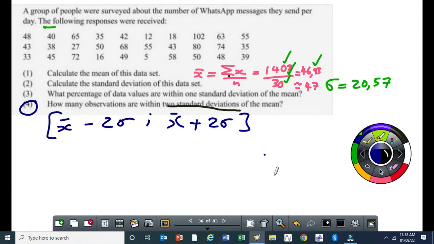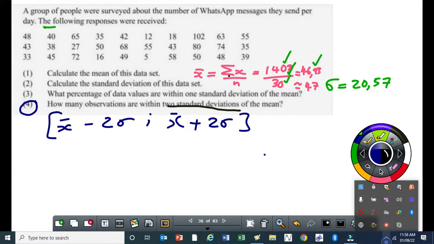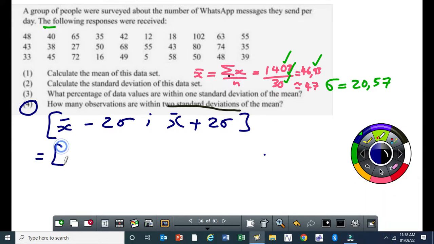All right. So if you want to get the value, this will be x bar, which is 46.93, minus 2 times the standard deviation. That's the lower limit.